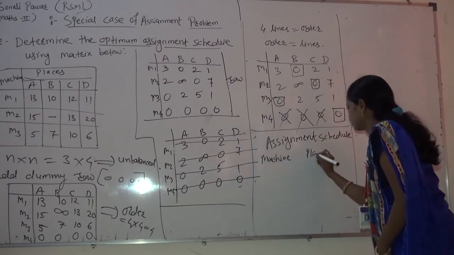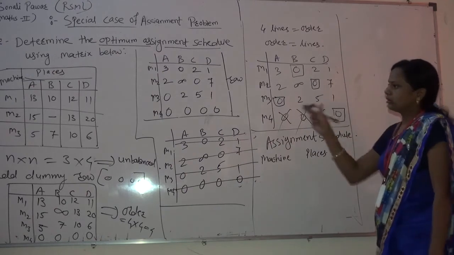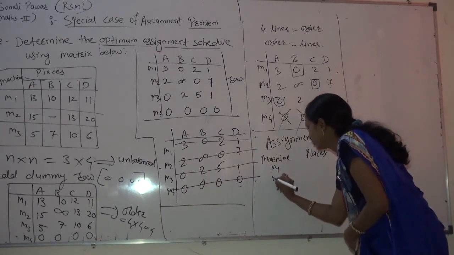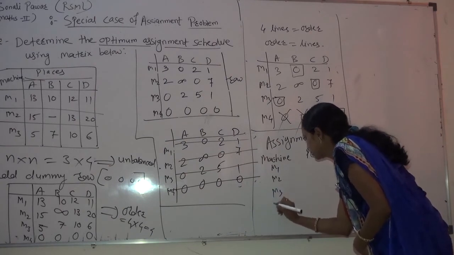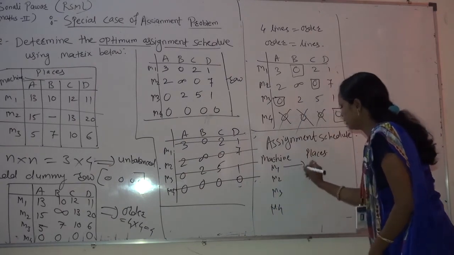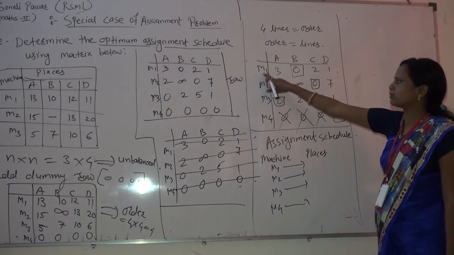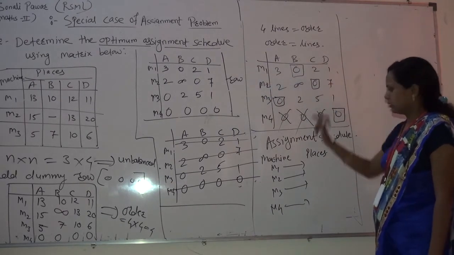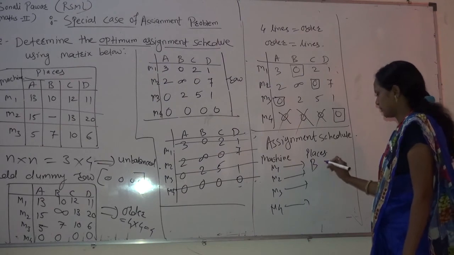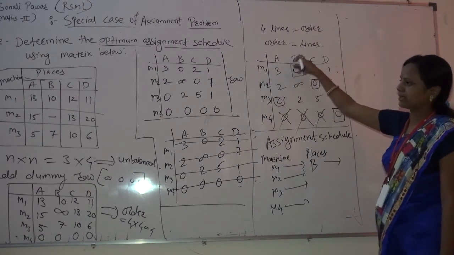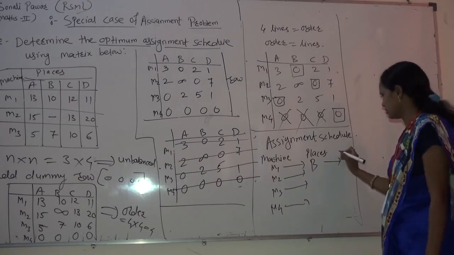So now here write down machine, places, and units, here not given. So machines are M1, M2, M3, M4. Machine M1 belongs to which place? B place. M1 to place B. And the original value of machine M1, place B in the given question is 10.